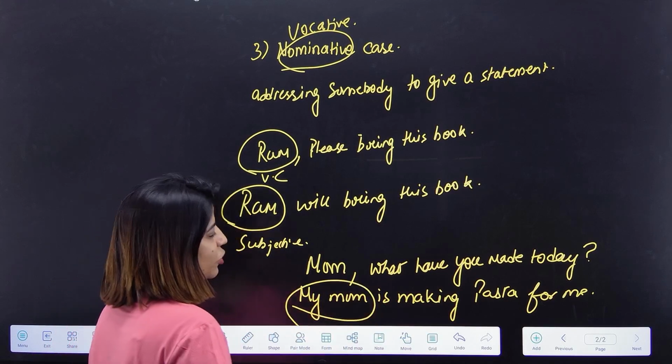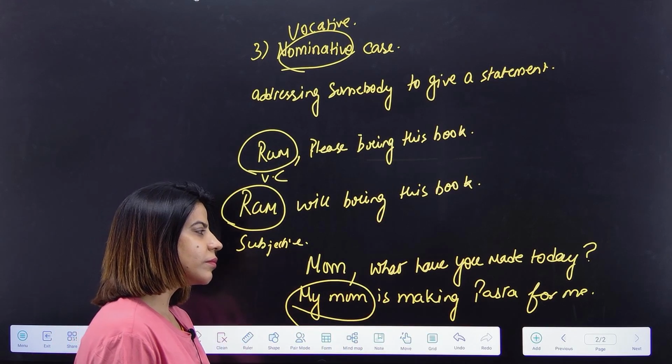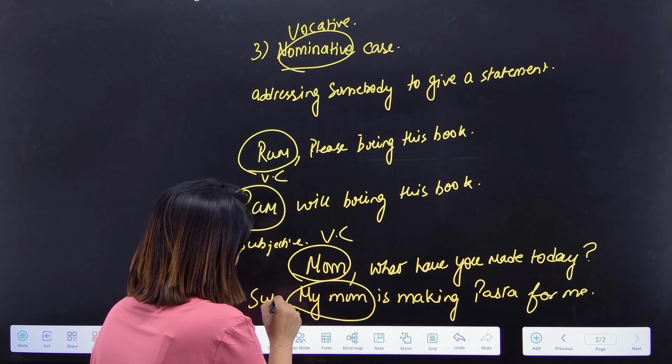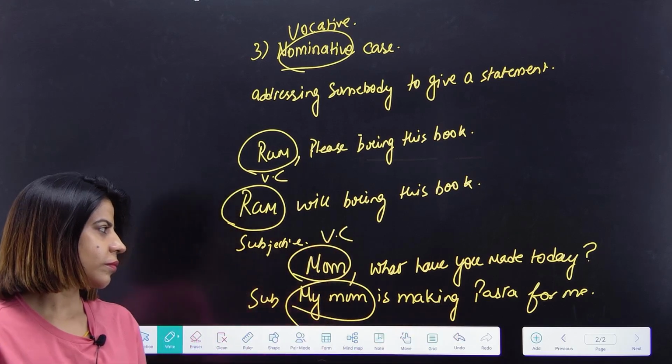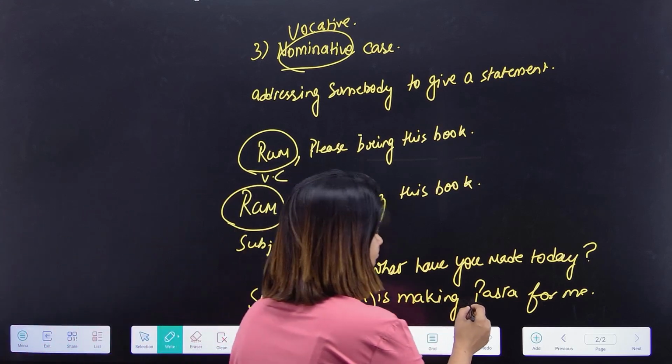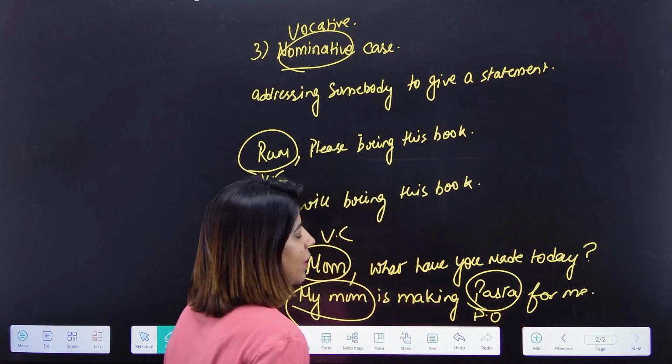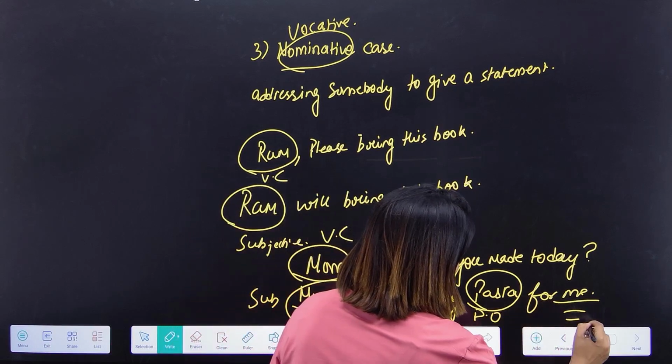My mom is subjective. Mom is vocative. And what else is in this? Pasta is direct object. Me is indirect object.